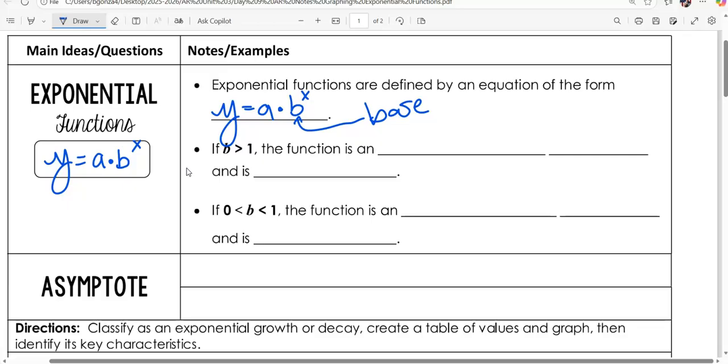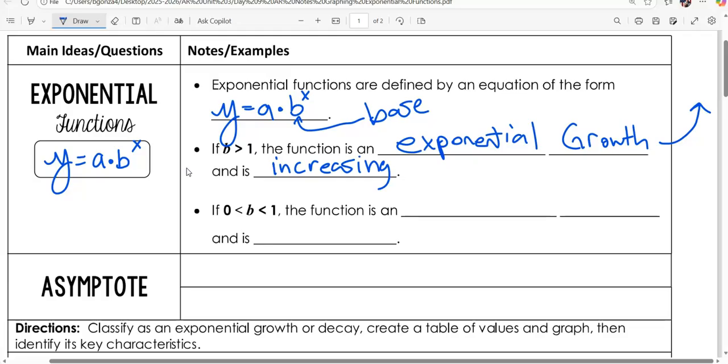If b is greater than 1, that's called exponential growth. Now, which way does exponential growth go? It goes up to the right. Technically, it's not straight, it's curved like that. So that means it is increasing.